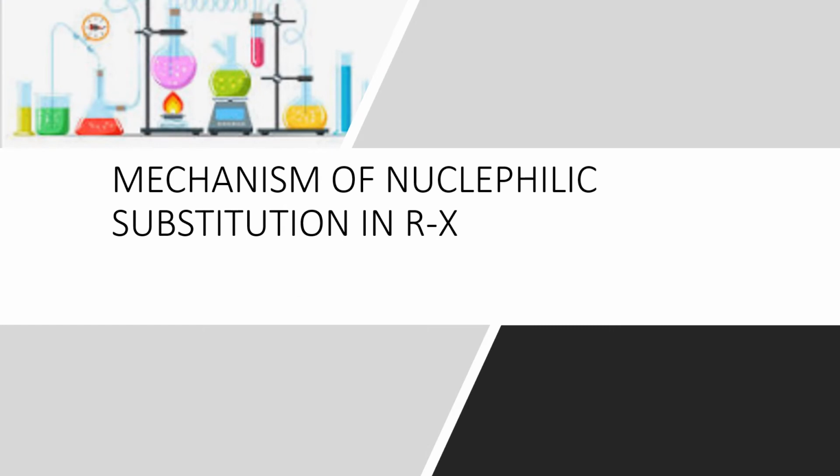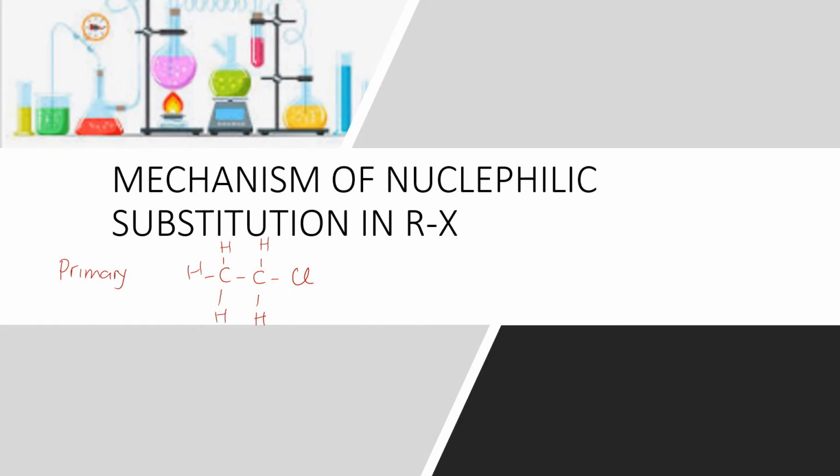For halogenoalkane, there are three types. The first is primary, when the halogen X is attached to a carbon atom with only one C attached to it.